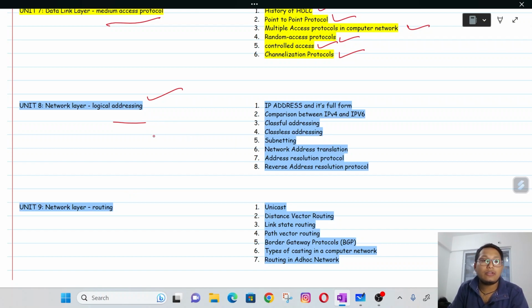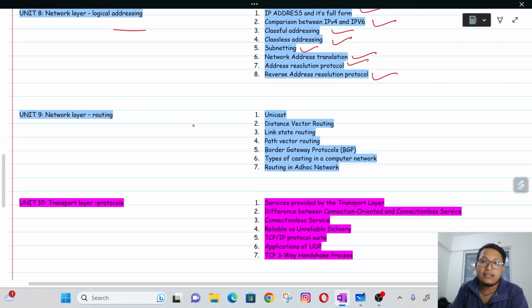So let's talk about the subtopics of unit 8, network layer logical addressing. The first one is IP address and its full form, comparison between IP version 4 and IP version 6, classful addressing, classless addressing, subnetting, network address translation, address resolution protocol, reverse address resolution protocol.